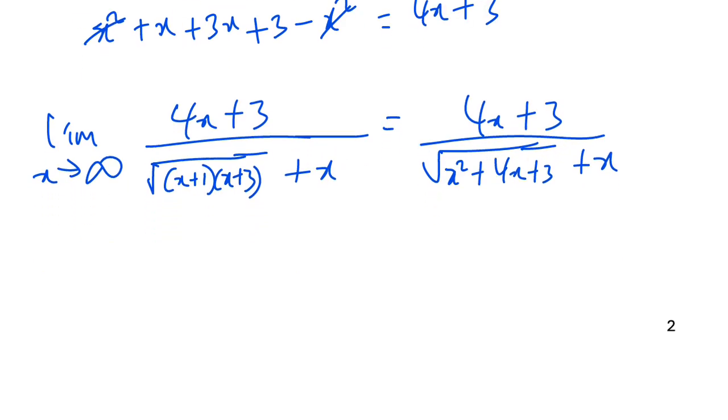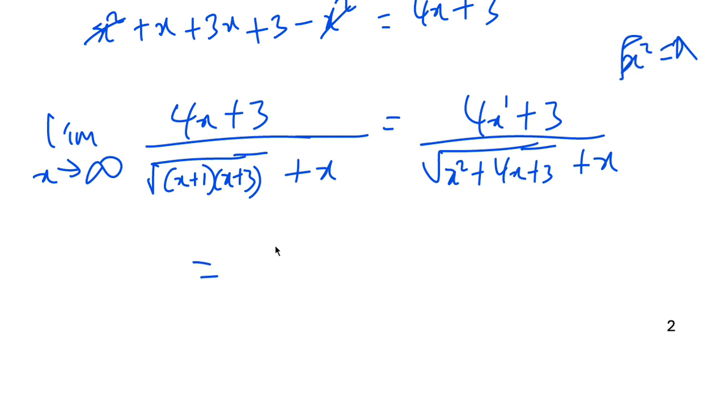For limits as x tends to infinity for functions, we note that we simply divide the function by the highest power of x. In this case, the highest power of x is 1, because you wouldn't say it's x squared, since x squared is under a root, and the square root of x squared is x. So the highest power here is x.